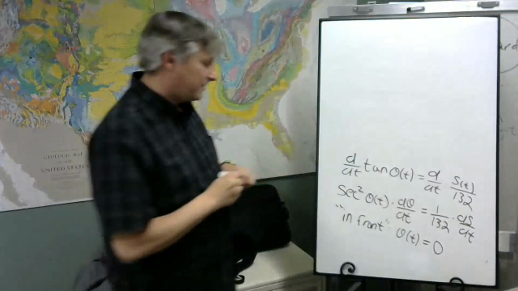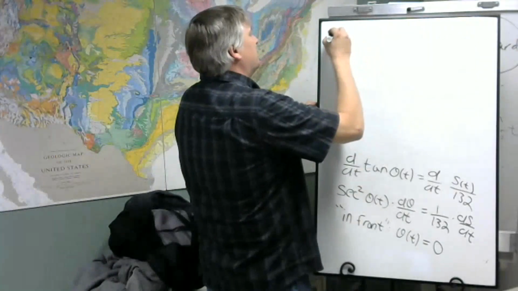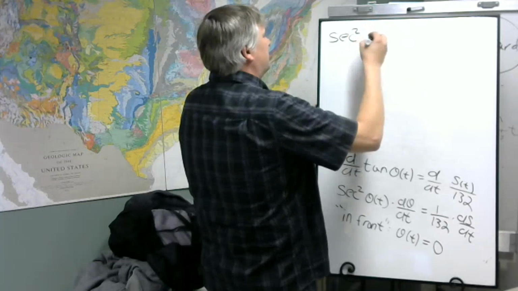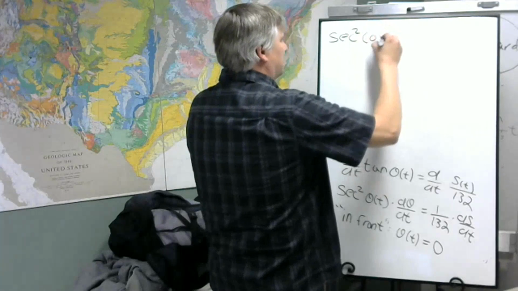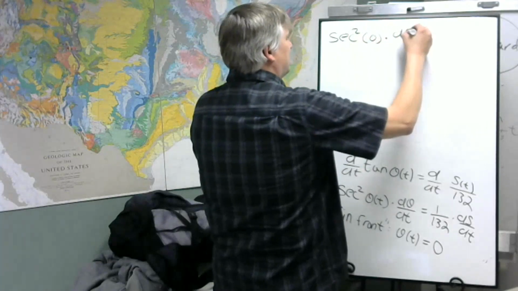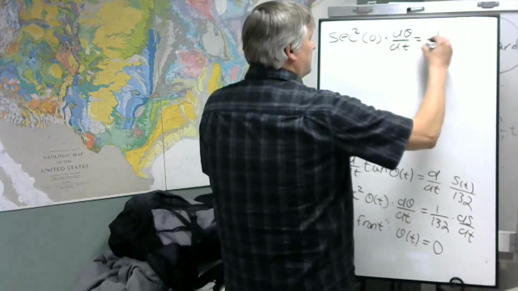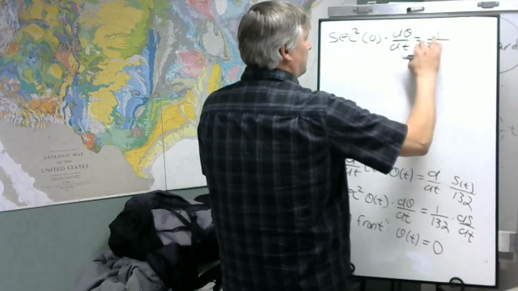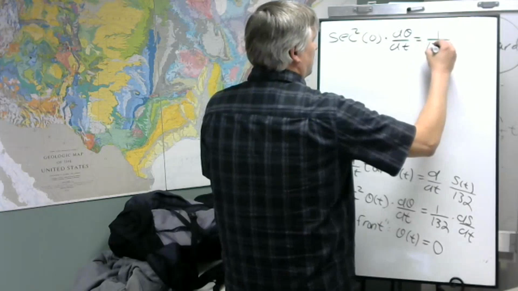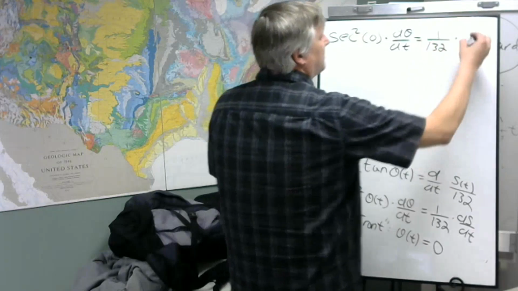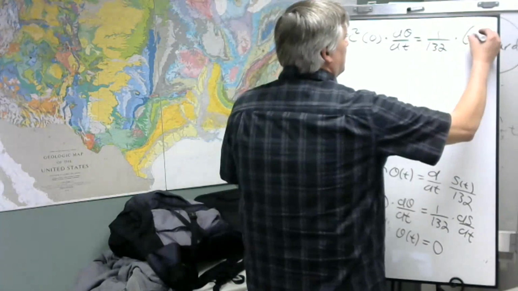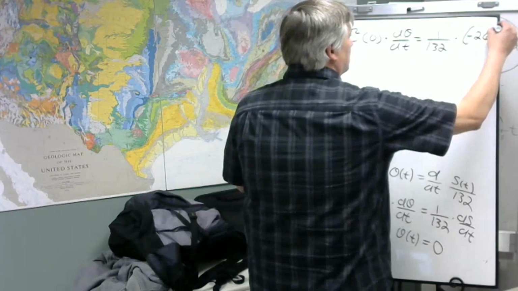So now we can plug everything in. Secant squared of 0 times d theta dt is 1 over 132 times negative 264.